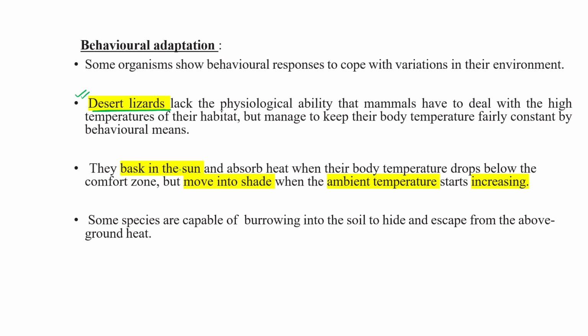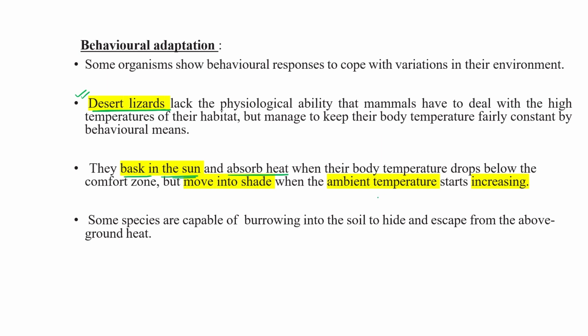Similarly, if the temperature is very low, they start sunbasking to absorb heat, when their body temperature drops below the comfort zone. Similarly, they move into the shade when the ambient temperature starts increasing. So they come under the partial regulator category.